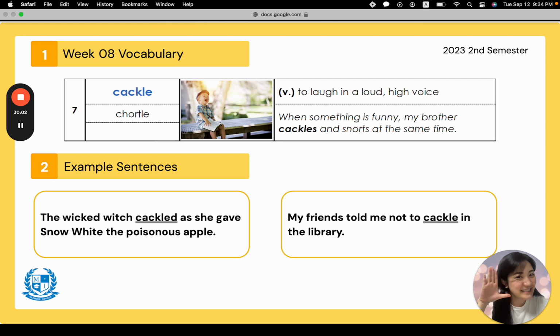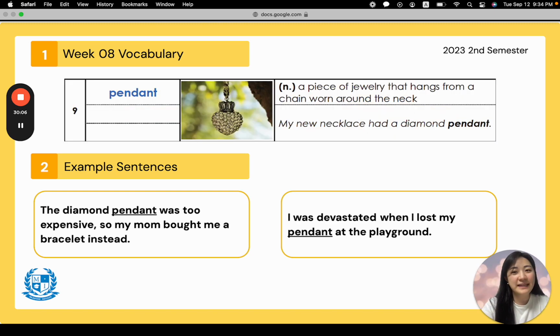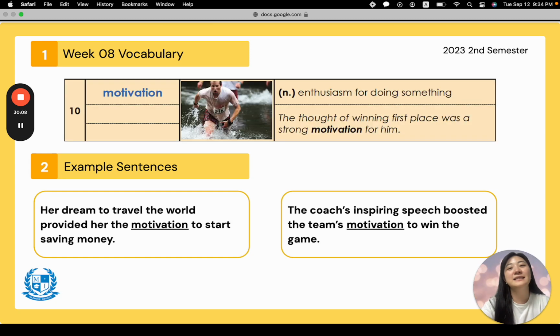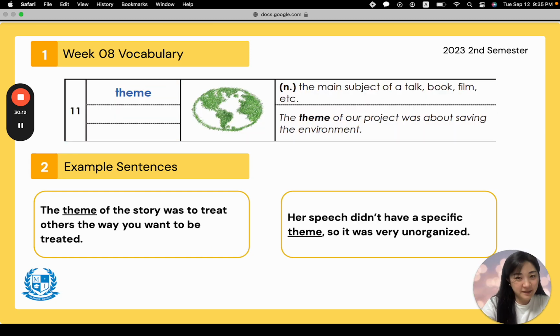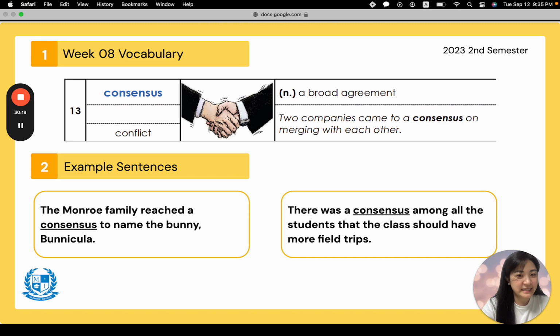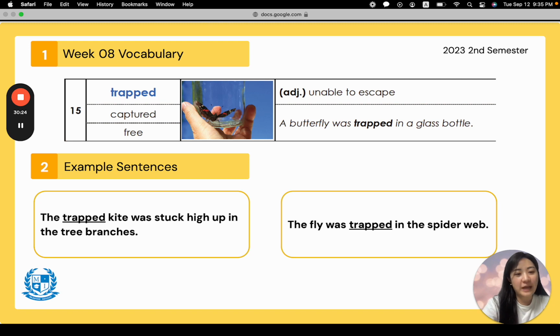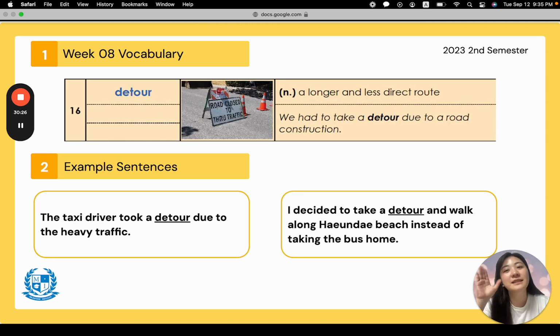Cackle. Vacant. Pendant. Motivation. Theme. Focus on. Consensus. Game changer. Trapped. Detour.